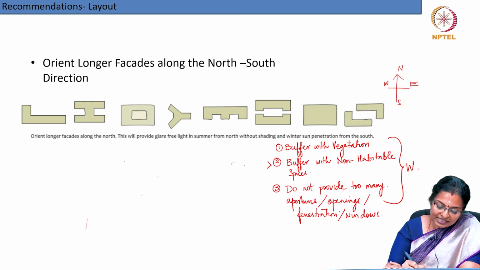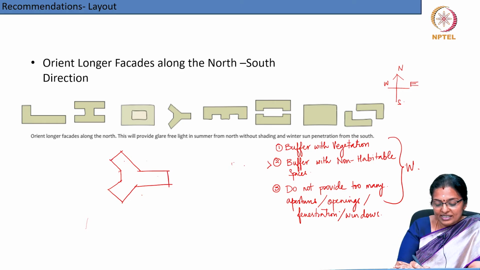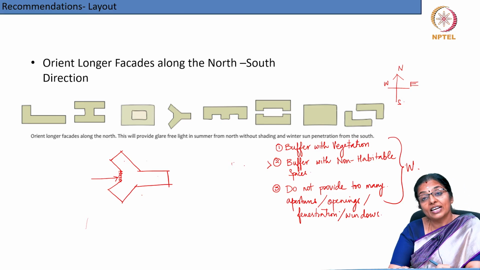Next option is a Y option, but if you notice the Y is at a slant. You see, this Y at a slant means that incident direct solar radiation will fall only on this surface. This is the only area where direct solar radiation will fall.